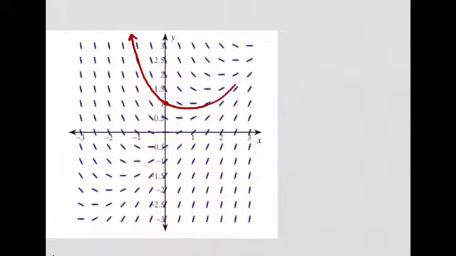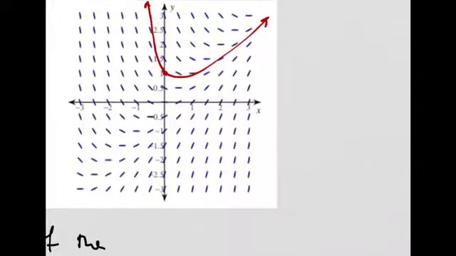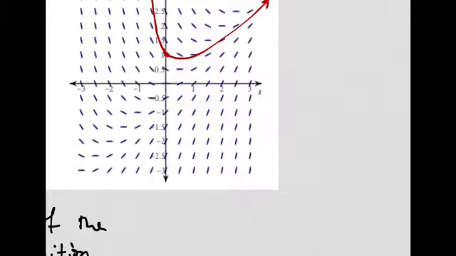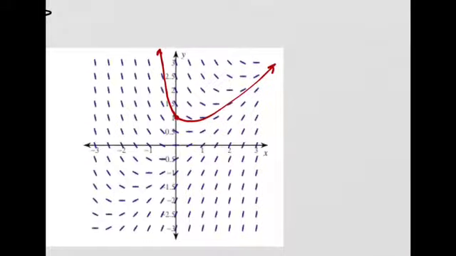Like the other one looked like it goes to that. I feel like this one's going like this. Maybe it's a hyperbola. Or something. I don't know. But that's what this would look like.